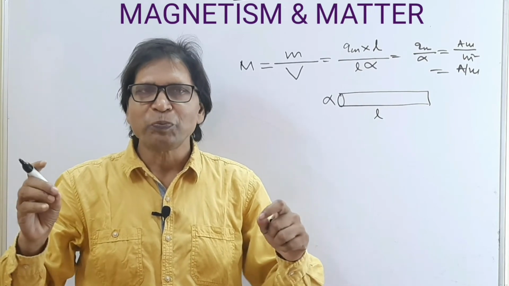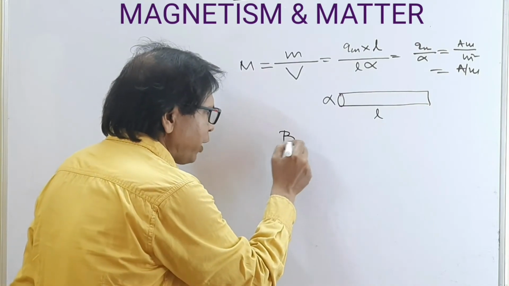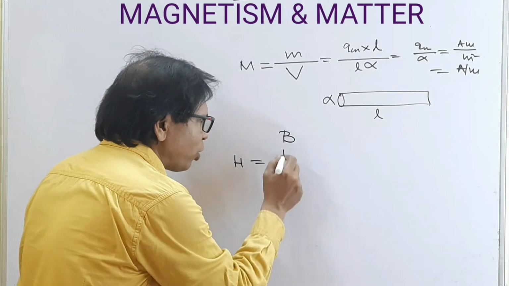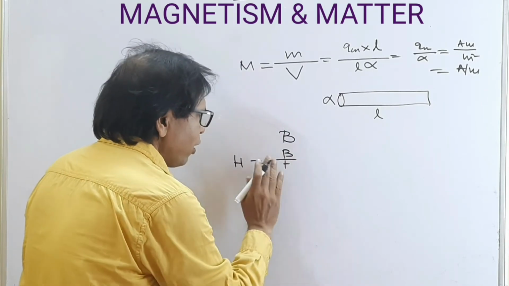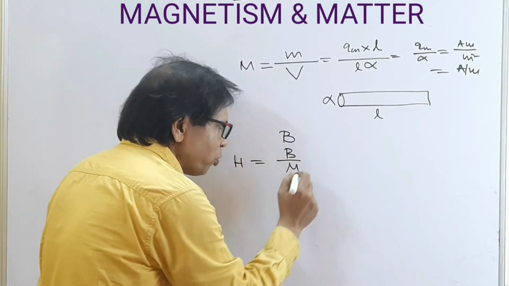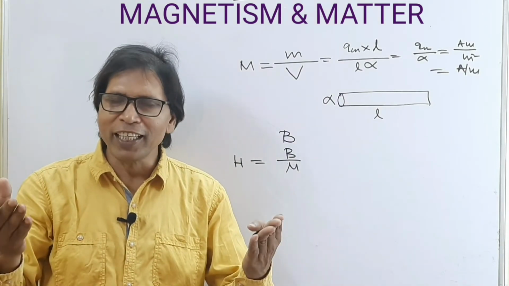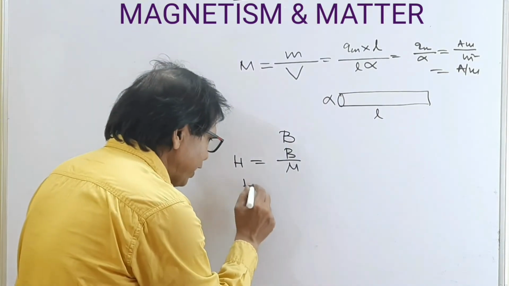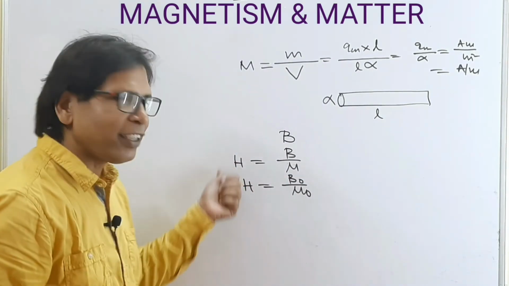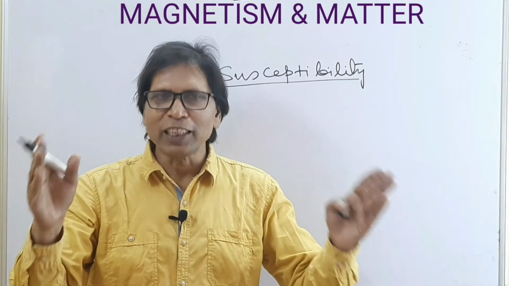Okay, now magnetic intensity. If B is the magnetic field at a place, then magnetic intensity H equals B by mu. In free space, if the magnetic field is B naught, then magnetic intensity H equals B naught by mu naught. So H is independent of the medium. Okay. Now susceptibility.